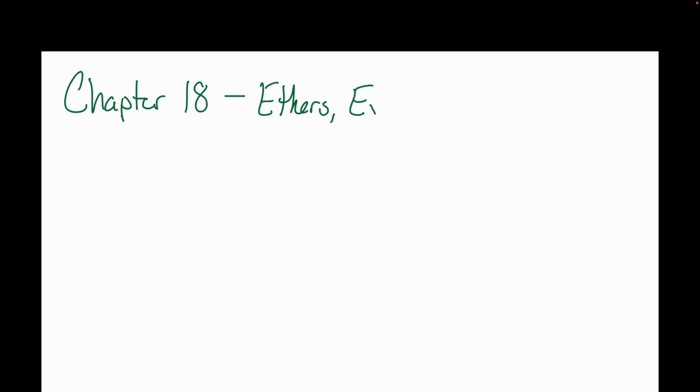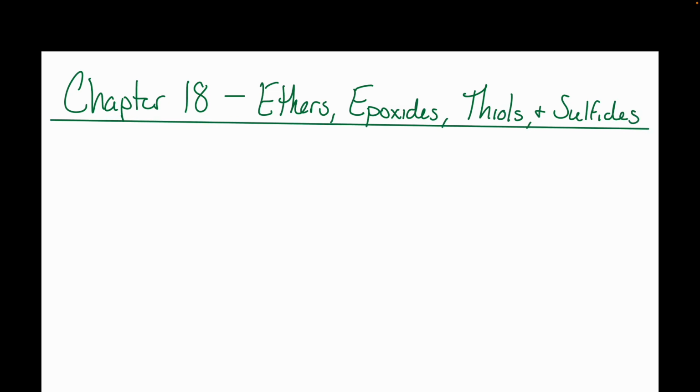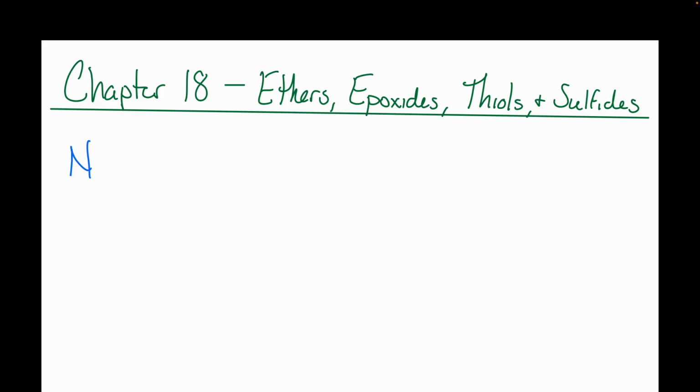So ethers, epoxides, thiols, and sulfides. All right, and our focus for today is going to be on that first functional group, ethers, and we're going to start with where we normally start, which is how to name them.